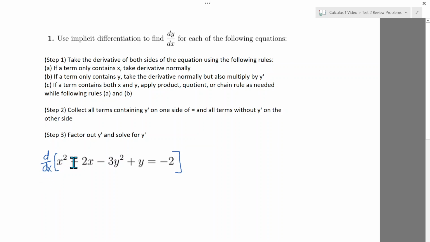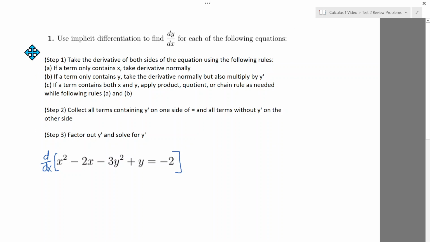So you take the derivative one term at a time, and if a term only contains x, we take the derivative normally. If a term contains y, then we take the derivative normally, but also multiply by y prime. So in this particular problem, we don't have any terms that contain both x and y. Okay, so we only need to follow rules A and B, right?